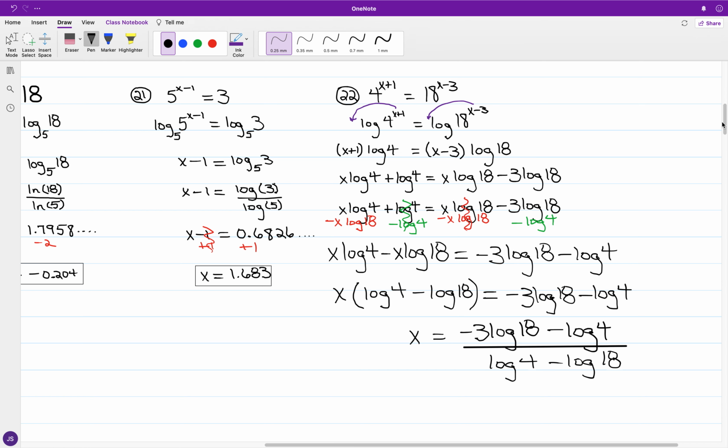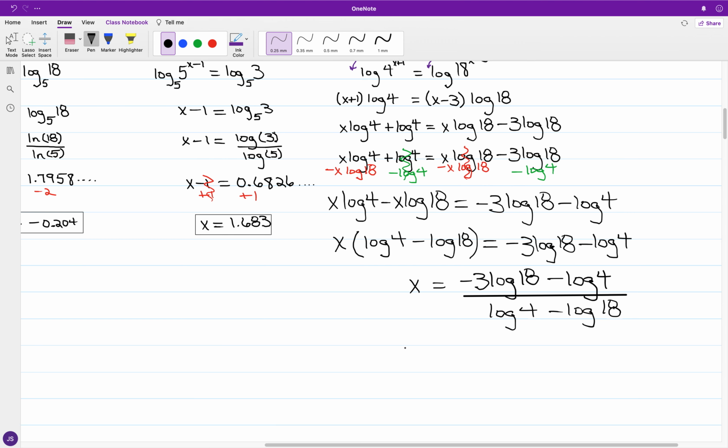Just taking what we have here and putting it in calculator form, I want to signify that the difference in the numerator is going to be involved in the division.